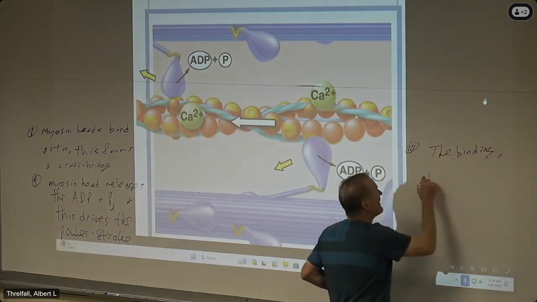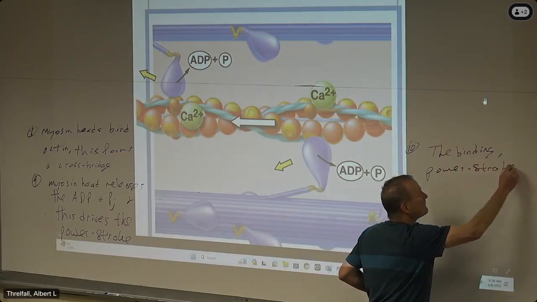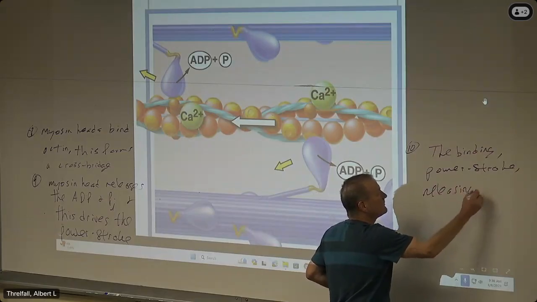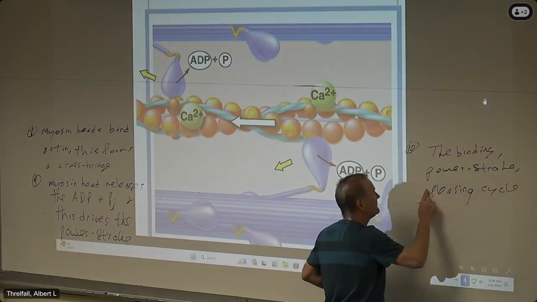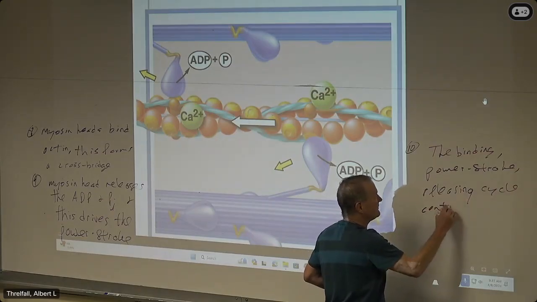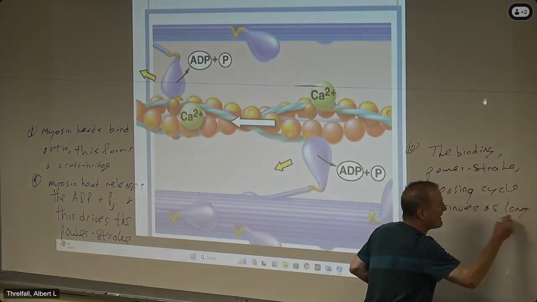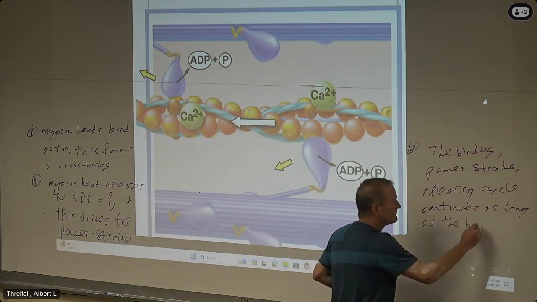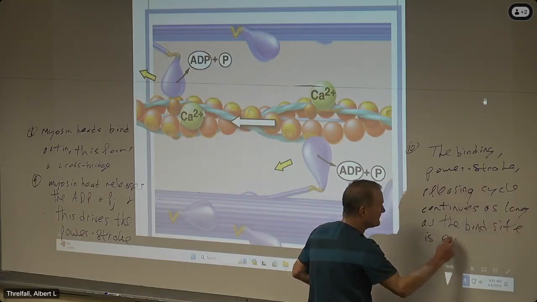Binding, power stroke, releasing, the cycle continues as long as the binding site is exposed.